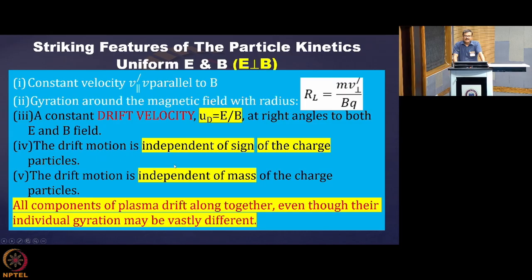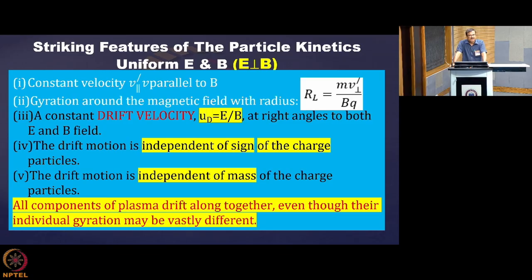The drift motion is independent of the sign of the charged particle. That is very interesting actually. Whether it is a positively charged particle or a negatively charged particle, it will drift in the same direction. And the other important thing is that the drift motion is independent of the mass of the charged particle.